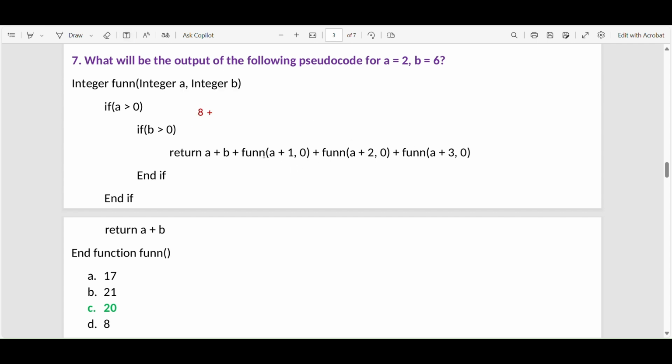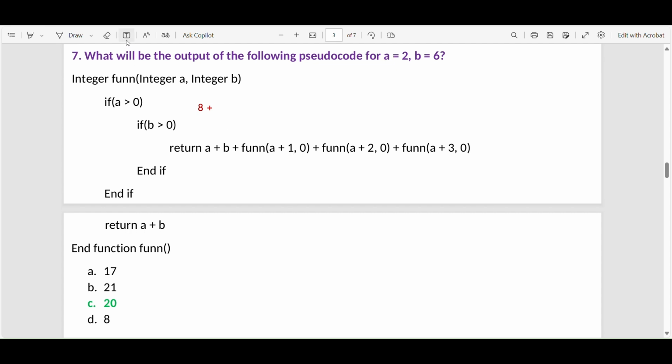And see, we need to calculate function of a plus 1 comma 0. Let me type here all the extra stuff. So function a plus 1 comma 0. That means a plus 1 means we are having 3 comma 0.